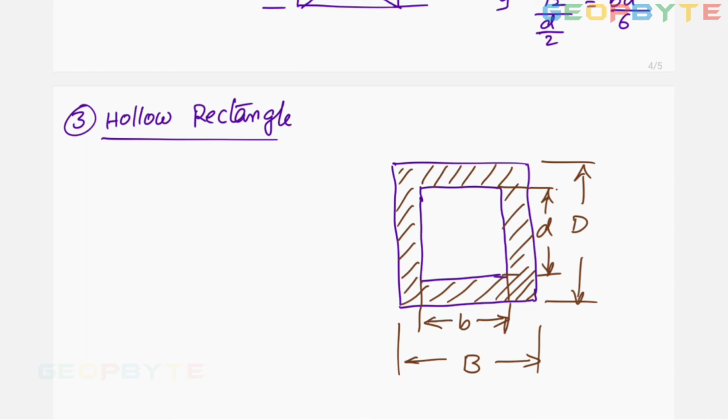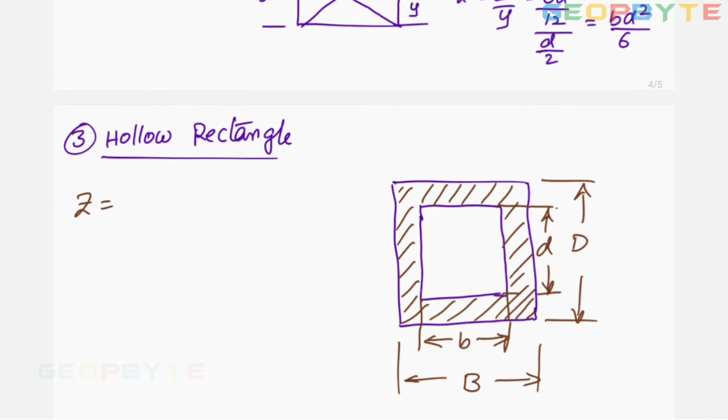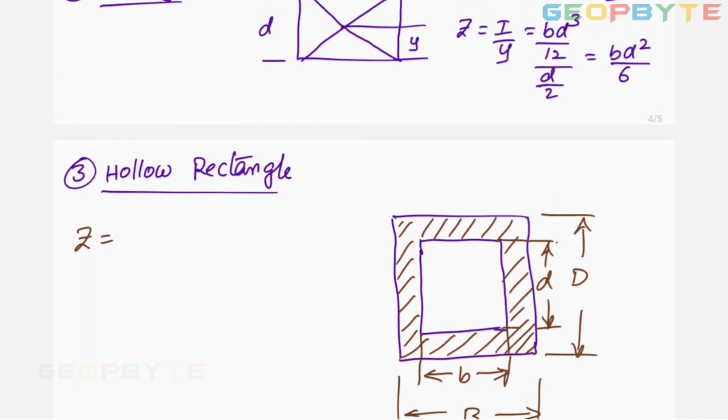Then the section modulus Z: for a solid section it is bd square by 6, but this is for a hollow section, so let us write the I and Z separately. I equal to capital B capital D cube minus small b small d cube by 12. y equal to capital D by 2.